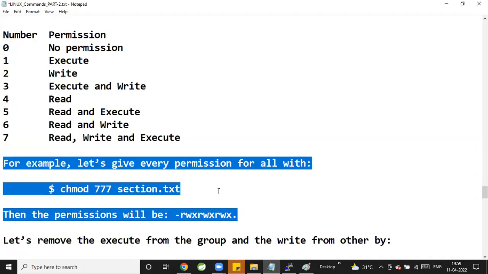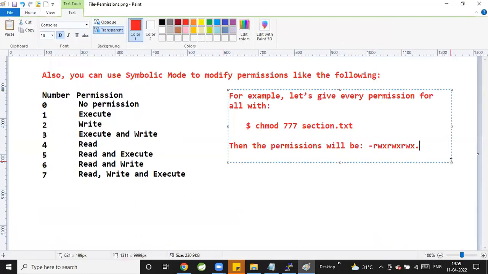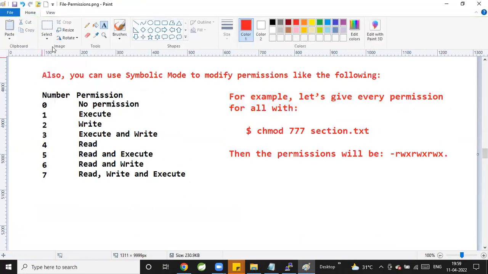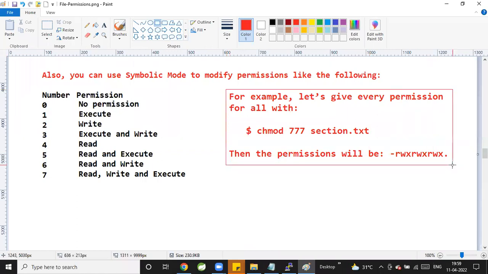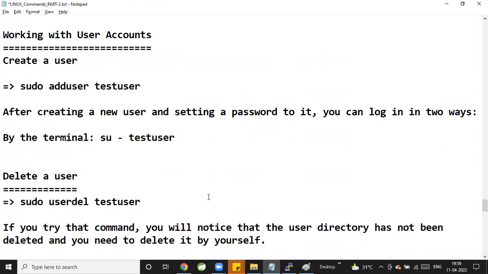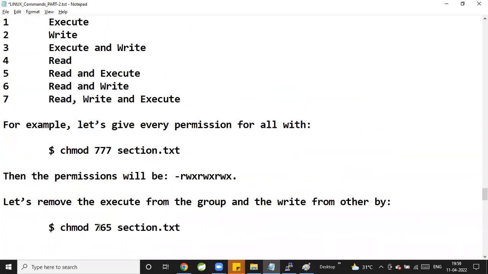Okay. For example, let's give every permission for all. Then what will it become? 777. 777 means giving every permission for everybody. Now here 765.